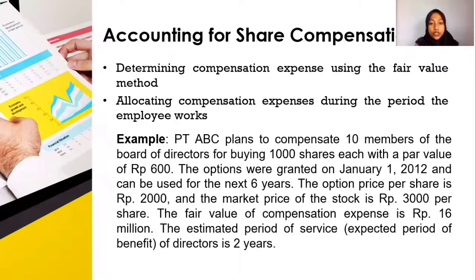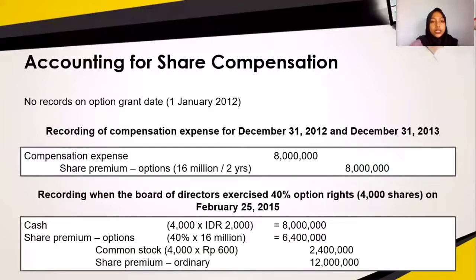The options were granted on January 1, 2012 and can be used for the next 6 years. The option price per share is 200 and the market price of the stock is 300 per share. The fair value of compensation expense is 16 million and the estimated period of service is 2 years. Okay.